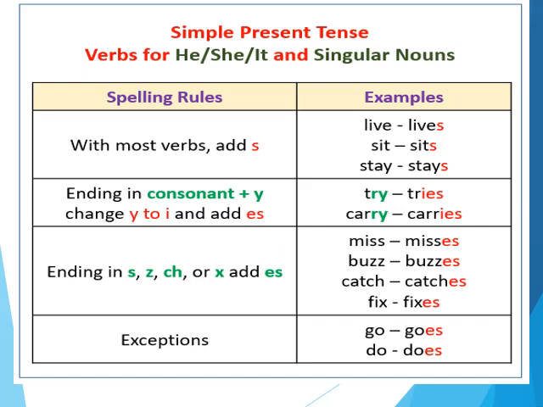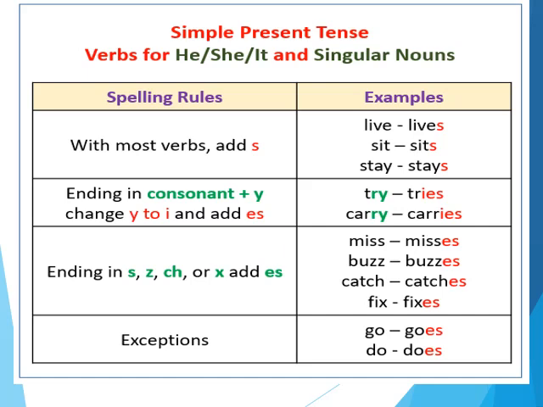The same goes to the next one, carry. C-A-R-R-Y, carry. There is a consonant R before Y. So you drop Y and add I-E-S. That is C-A-R-R-I-E-S, carries.